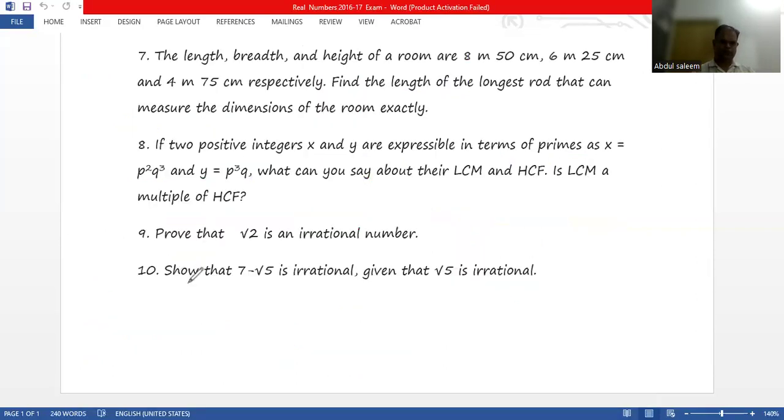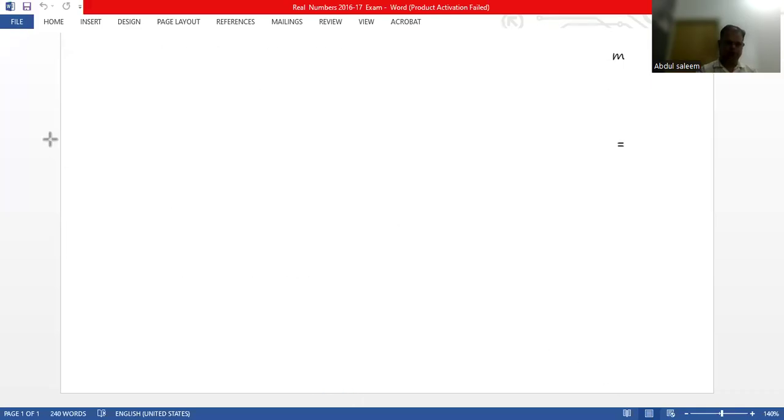Now, what is the next question? Show that 7 minus root 5 is irrational. We have to prove 7 minus root 5 is irrational. First, let us assume that 7 minus root 5 is rational.